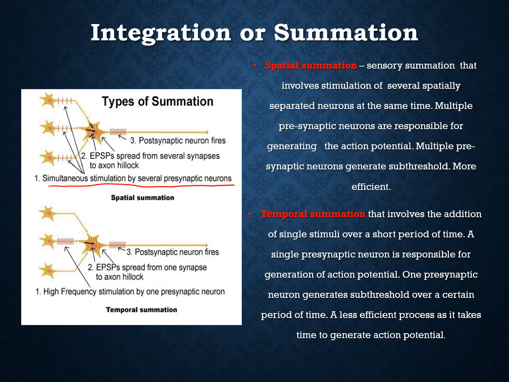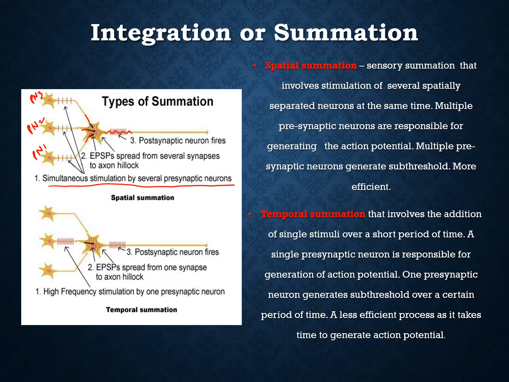The presynaptic neuron over here is presynaptic neuron 1, then presynaptic neuron 2, presynaptic neuron 3, and from all directions the stimulations reach the postsynaptic neuron, and EPSP spreads from several synapses to the axon hillock. The postsynaptic neuron fires from the axon hillock region. The action potential is generated, and in that way it will move again.